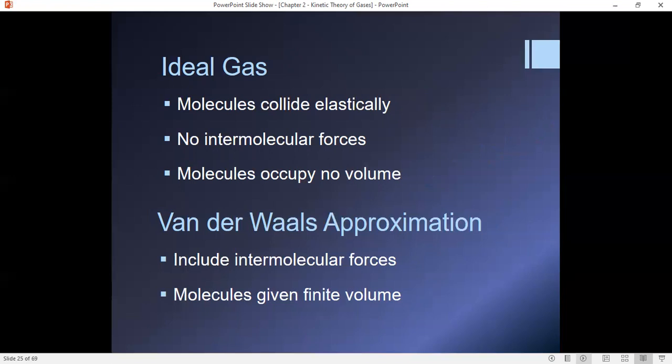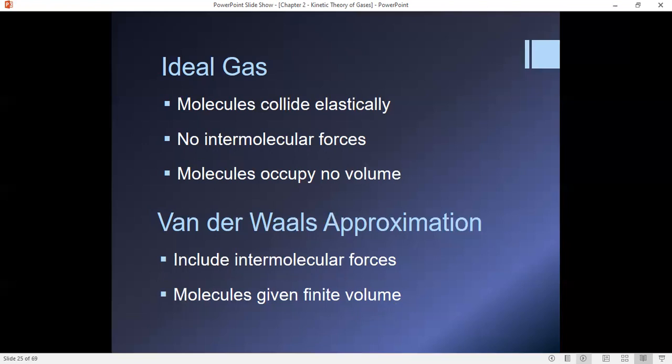If we use the van der Waals approximation, where we allow for intermolecular forces, we will see that phase transitions, especially phase transitions to liquids, are possible. In addition, by giving the molecules a finite volume, we allow the pressure to change non-linearly with increased density as the molecules get very, very close to one another.